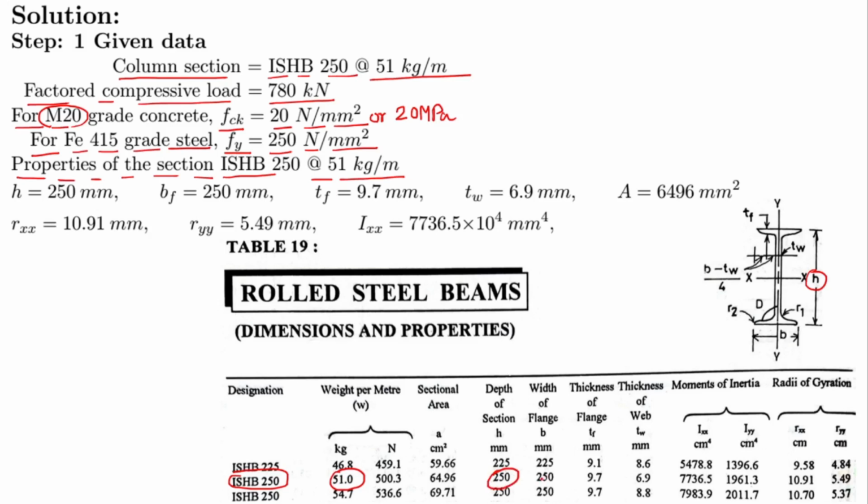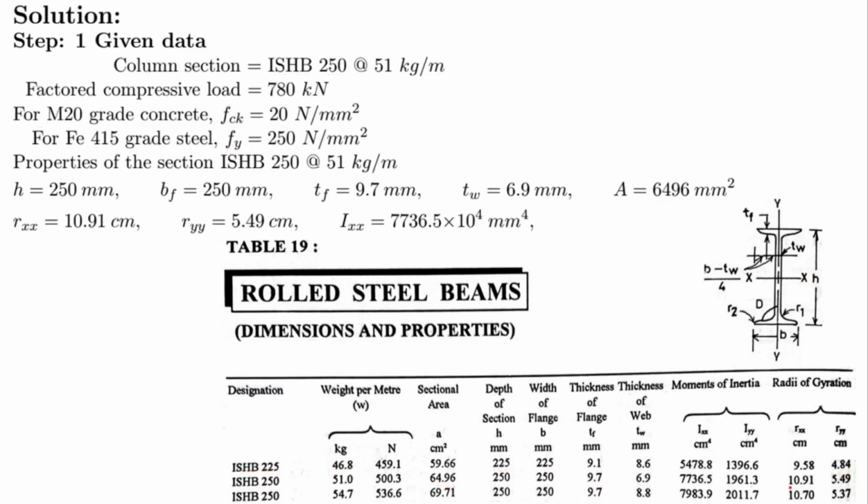Then breadth of flange, denoted by bf, is again 250. Then thickness of flange is 9.7 mm. Then thickness of web is 6.9 mm. And its cross sectional area is 64.96 centimeter square. If I convert it to mm square, it will be 6496 mm square.